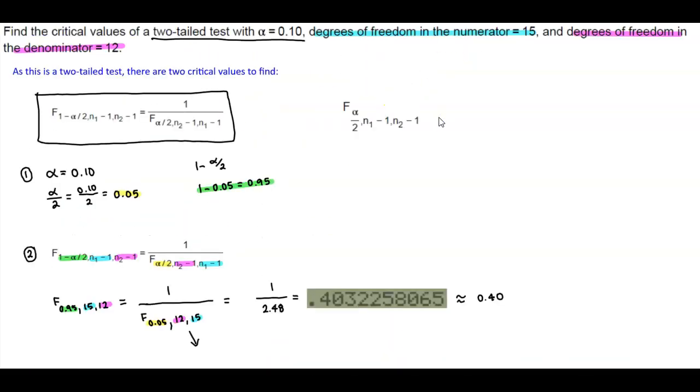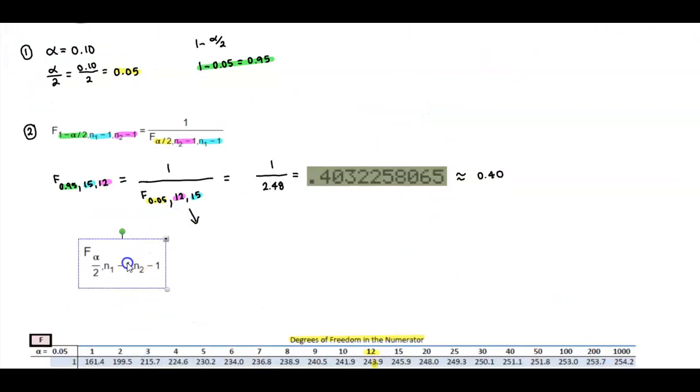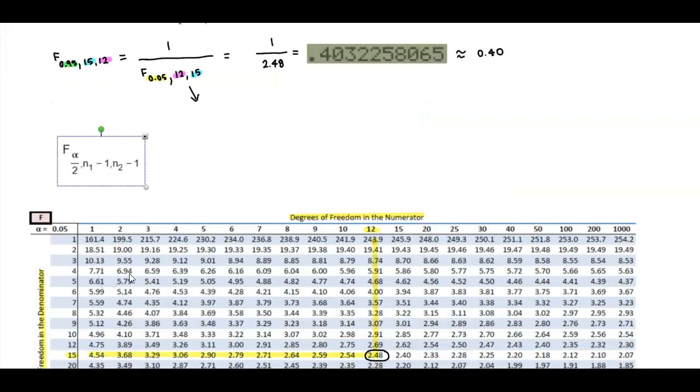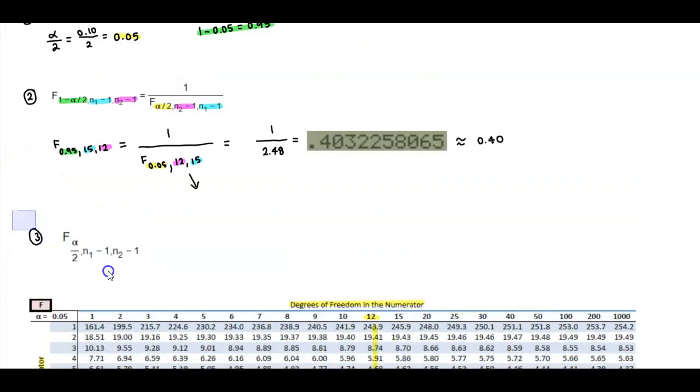So we're going to look at the second formula here, and again, because it's a two-tailed test. So for this one, we know that this is going to become F of alpha divided by 2. We know alpha divided by 2 is 0.05.